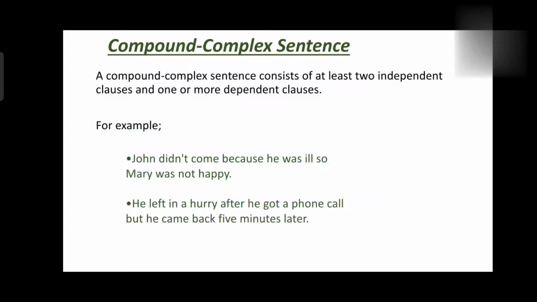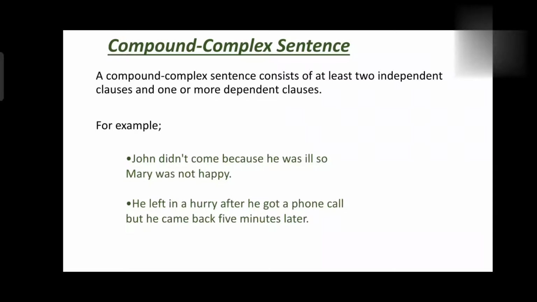Next, the fourth one is compound complex sentences. A compound complex sentence consists of at least two independent clauses and one or more dependent clauses. For example, John didn't come because he was ill, so Mary was not happy.